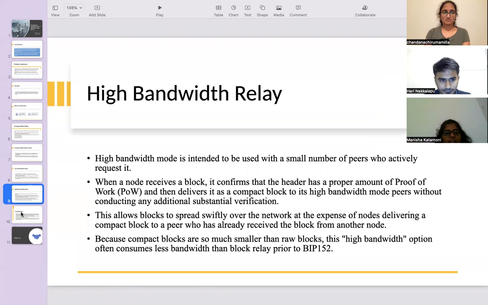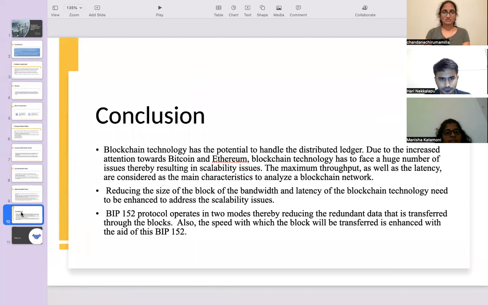Coming to the conclusion, our project is about how the distributed ledger can be handled by blockchain technology because of the increasing interest in Bitcoin and Ethereum. Blockchain technology has encountered a few issues, which result in scalability issues. The maximum throughput and the latencies are the most important characteristics to consider when analyzing a blockchain network.